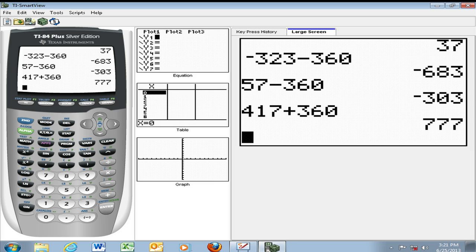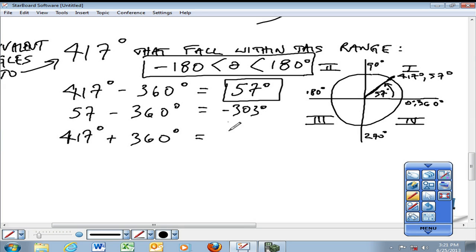It looks like no matter how many times I add or subtract a revolution, I am getting farther and farther from my targeted range. You want to be less than 180 and greater than negative 180, which happens to be this one equivalent angle, 57. Yes, 57 degrees is equivalent to negative 303 degrees, which is equivalent to 777 degrees.